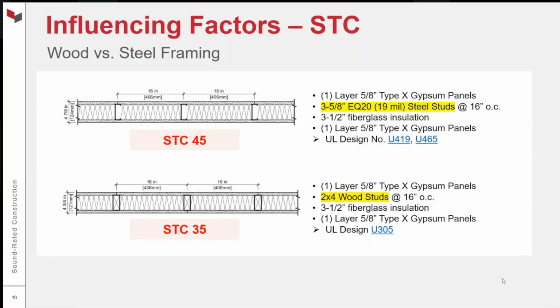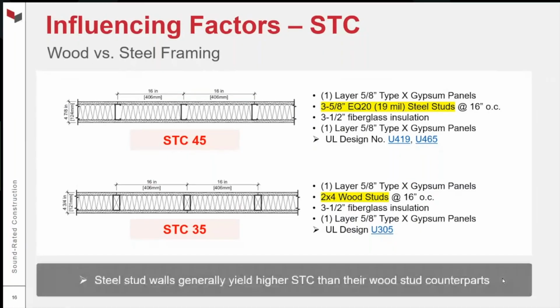The 2x4 wood studs make for a very stiff framing condition. And in this case, that stiffness has a pretty extreme effect on the STC rating, a 10-point reduction if you compare these two. So generally, steel stud walls are going to yield higher STC than their wood stud counterparts.